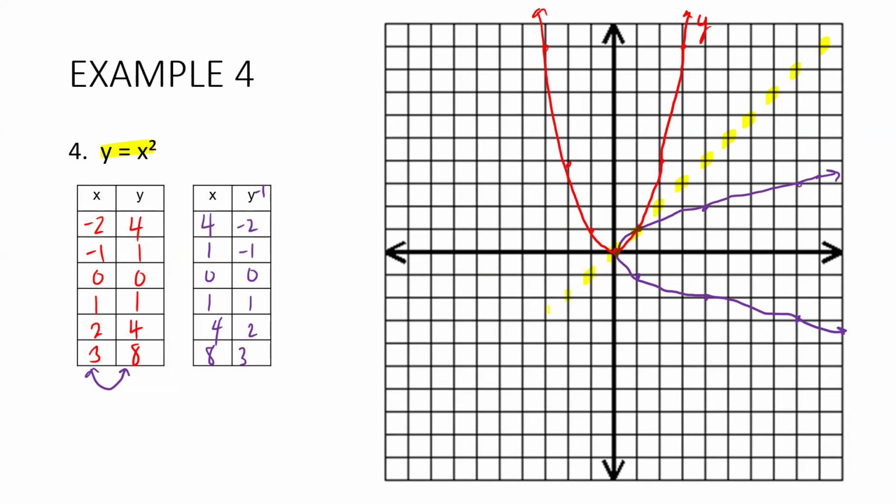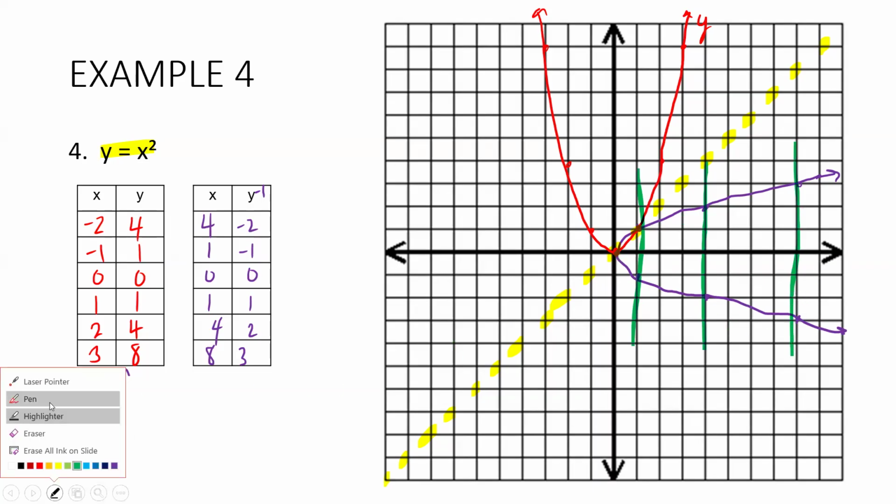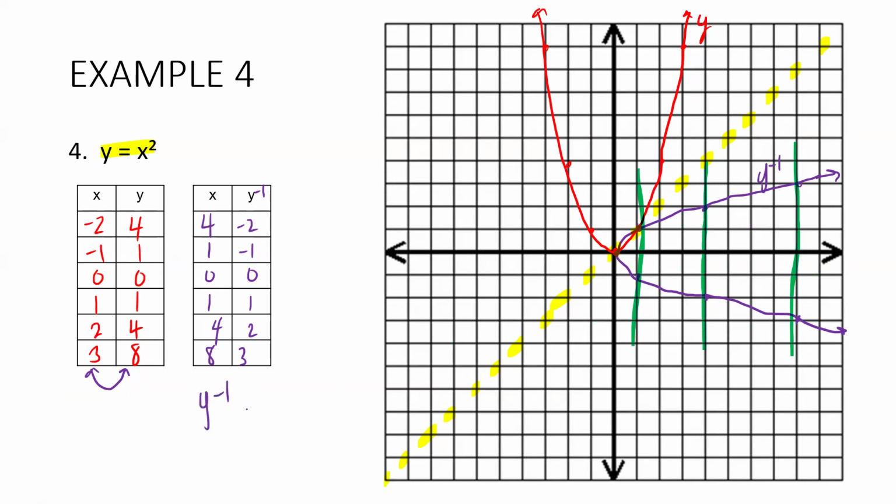Because yes, it's an inverse because we switched our input and our output, but it's a relation because, I'm going to use a different color, we have repeating x values all along, right? This is an example of repeating. These are repeating. These are repeating. So right now, this is not a function. Our inverse exists, but our inverse is not a function.